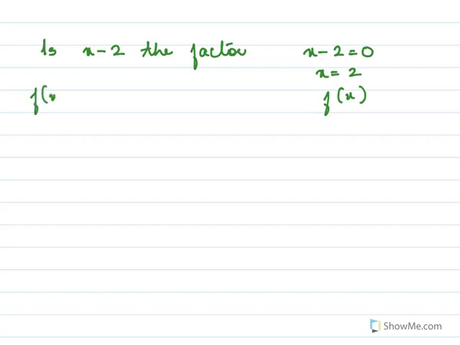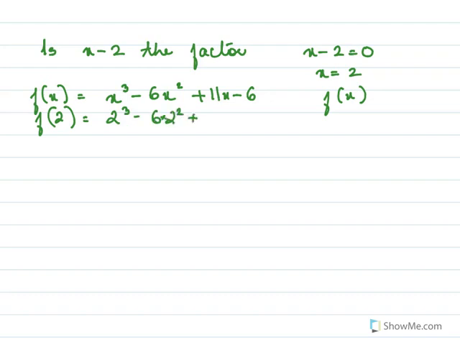So f of x equal to x cubed minus 6x squared plus 11x minus 6, and f of 2 is 2 cubed minus 6 times 2 squared plus 11 times 2 minus 6, and you get 0. So f of 2 is equal to 0. Therefore, x minus 2 is a factor.